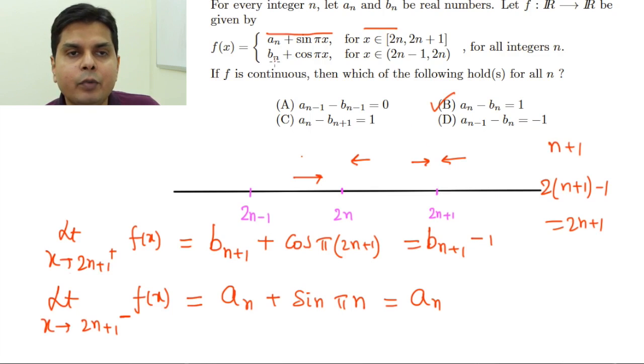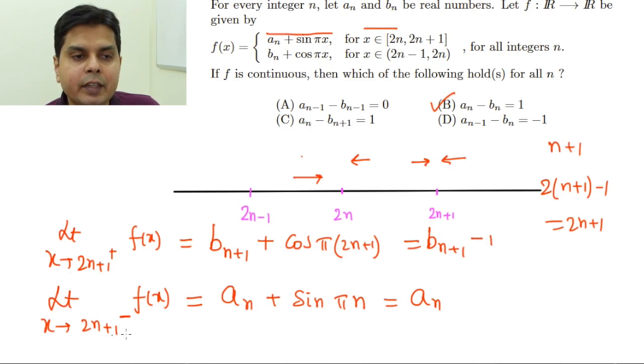So basically I have to increase my index from n to n plus 1, because the moment I increase n to n plus 1, this 2n minus 1 will become 2 into n plus 1 minus 1, that is 2n plus 1. So the moment I increase my value from n to n plus 1, I will go from this 2n minus 1 to 2n plus 1. Therefore for finding the right hand limit, I have taken b_{n+1} plus cos pi (2n plus 1). This is equal to b_{n+1} minus 1.